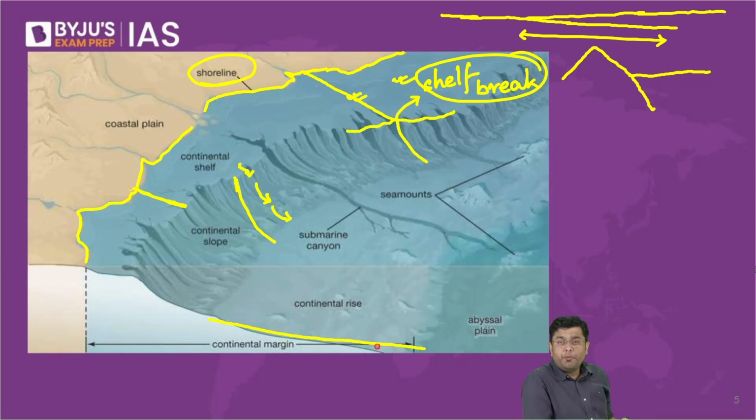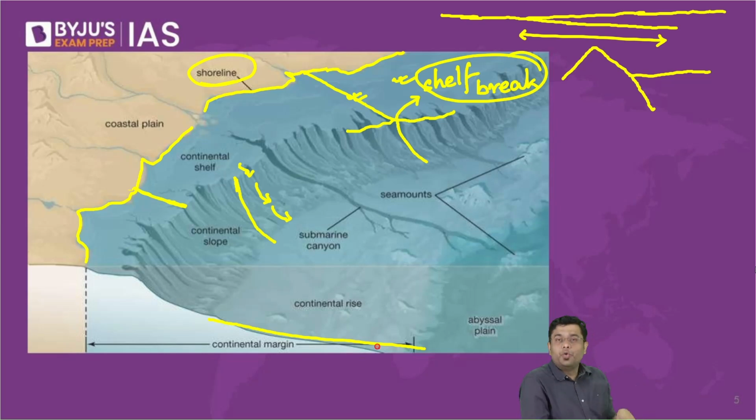So here, suddenly, if the region exhibits a kind of a slope like this, you will find a series of deposits which will also have a slope, but the slope will be not significant. It will be almost very gradual, right? A gentle gradient. So that is what is referred to as a continental rise. Just at the foot of the continental slope, that is referred to as a continental rise.